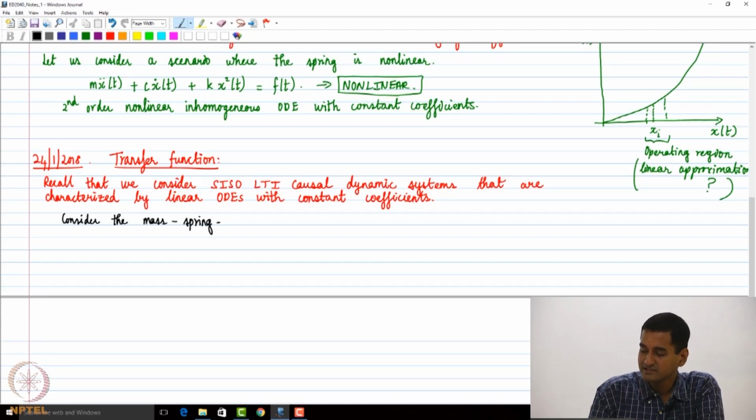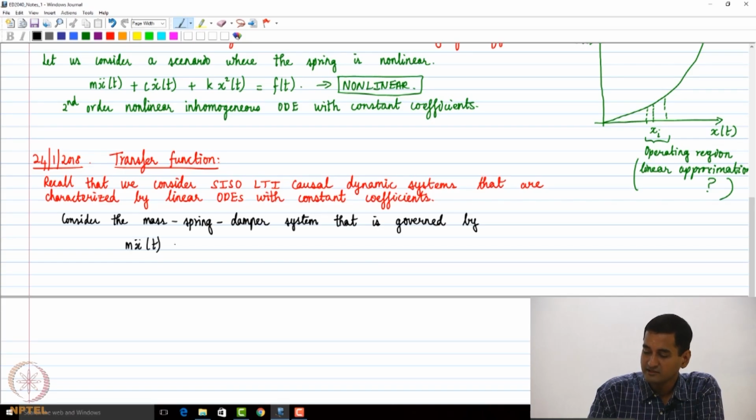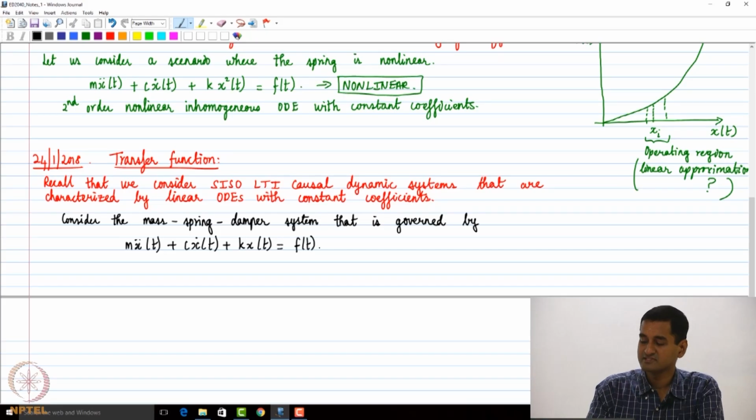So let's say we consider the mass spring damper system that is governed by m x double dot t plus c x dot t plus k x of t is equal to f of t, right? So this is a linear time invariant system, right? So let us take the Laplace transform on both sides.